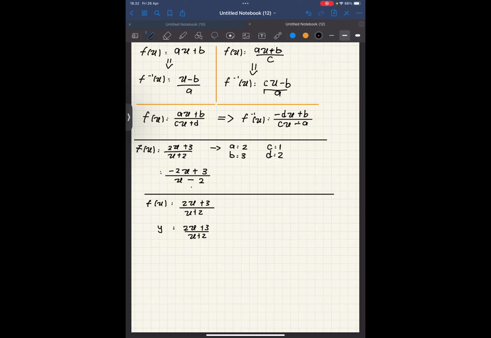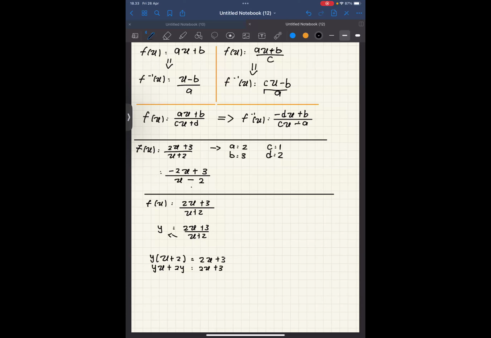For this one, we are multiplying up here. So y multiplied by x plus 2 equals 2x plus 3. So this is going to be yx plus 2y equal to 2x plus 3.